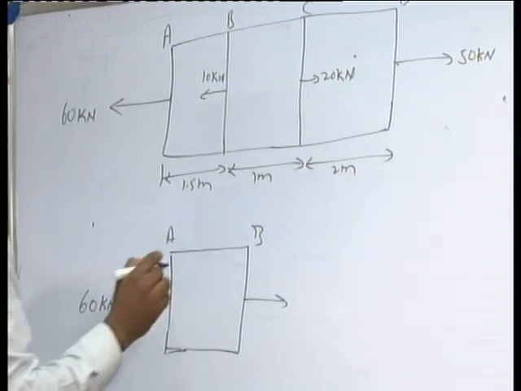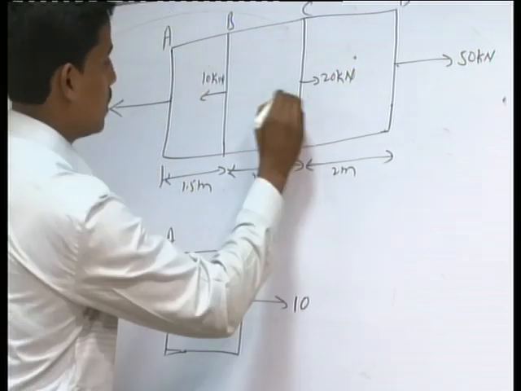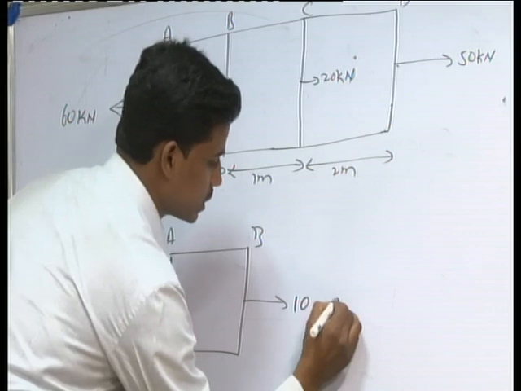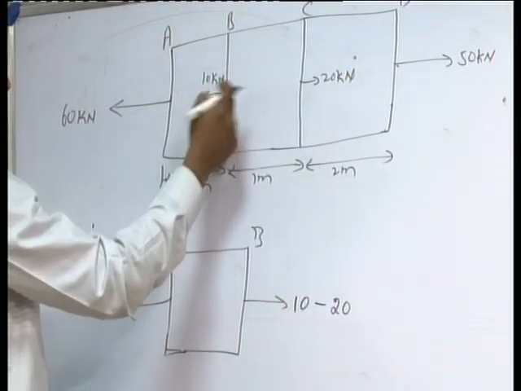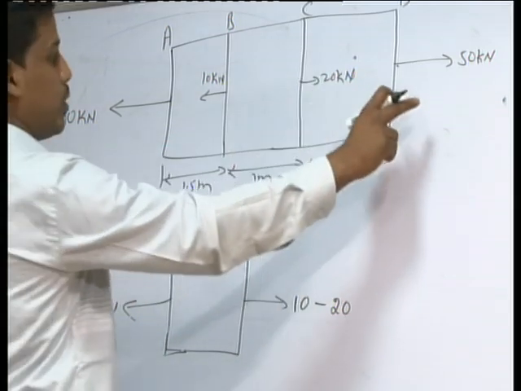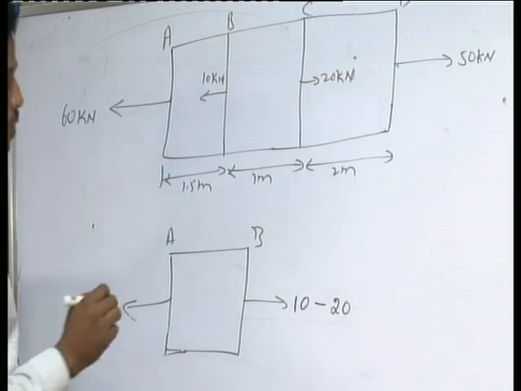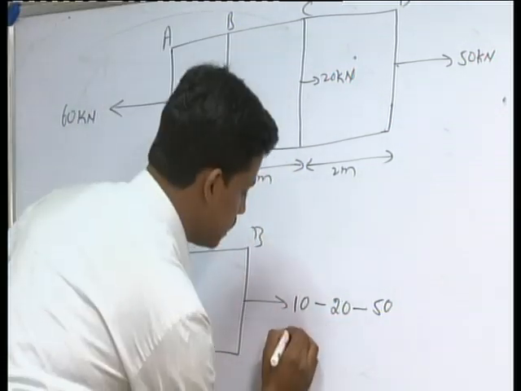See here 10 is given. If we take that 10 as positive, then 20 kilonewton is acting in the opposite direction, so we can consider a negative sign for this, and 50 kilonewton is also acting opposite to 10 kilonewton, so we get minus 50, so automatically it will get 60.